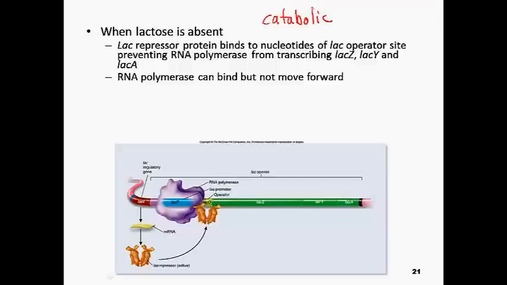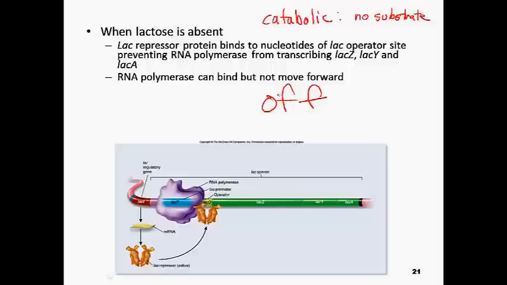So it doesn't make sense for a cell to synthesize catabolic machinery if there is no substrate. It's only going to synthesize these components when the substrate is available to break down. So when lactose is absent, the lac operon is going to be in the off position.